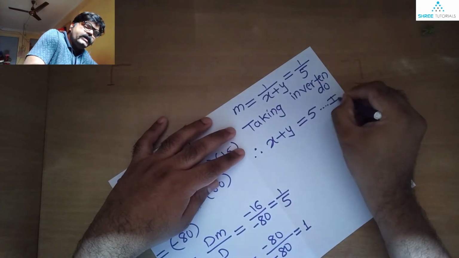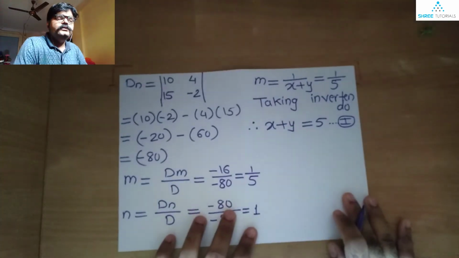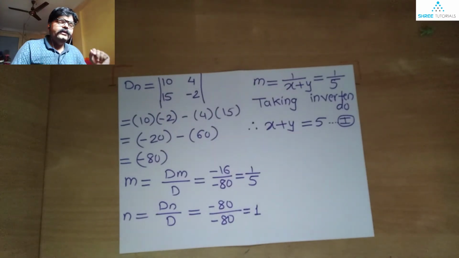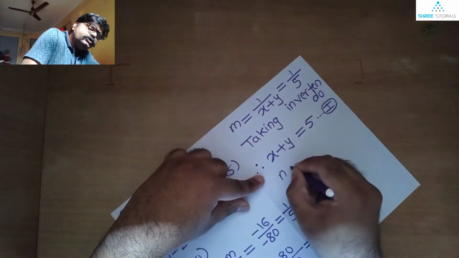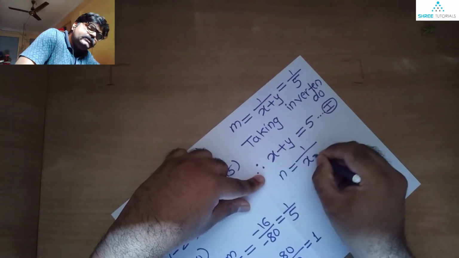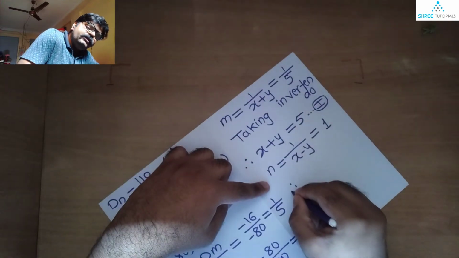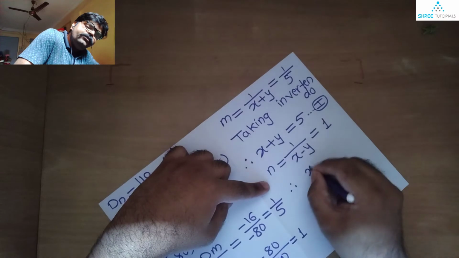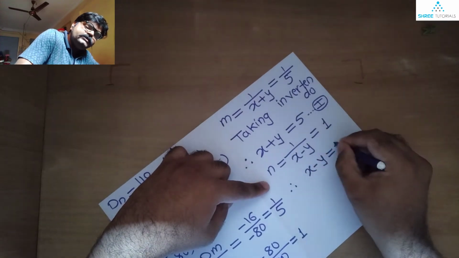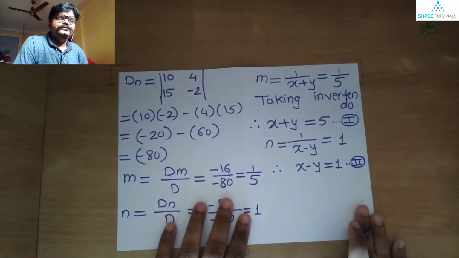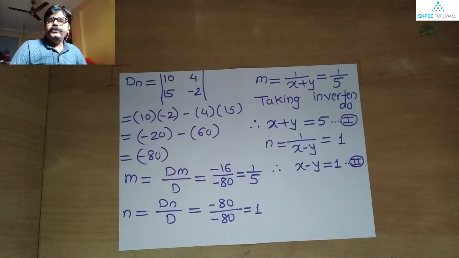Let us call this as our equation number 1. Same methodology we are going to apply for n as well. n was equal to 1 upon x minus y, and we have got it to be 1 in here. Therefore again taking invertendo, we are going to have x minus y is equal to 1, and this will become our second equation. So these two equations we have, x plus y and x minus y.